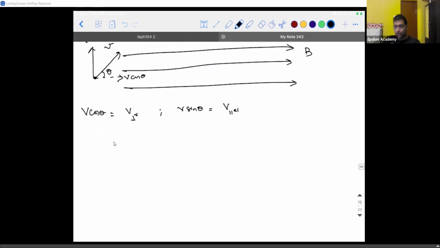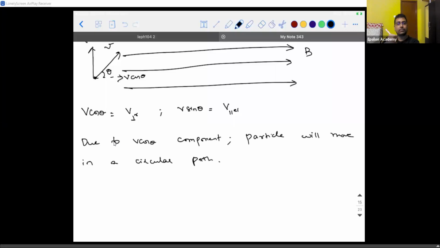Due to the v cos theta component, the particle will move in a circular path.